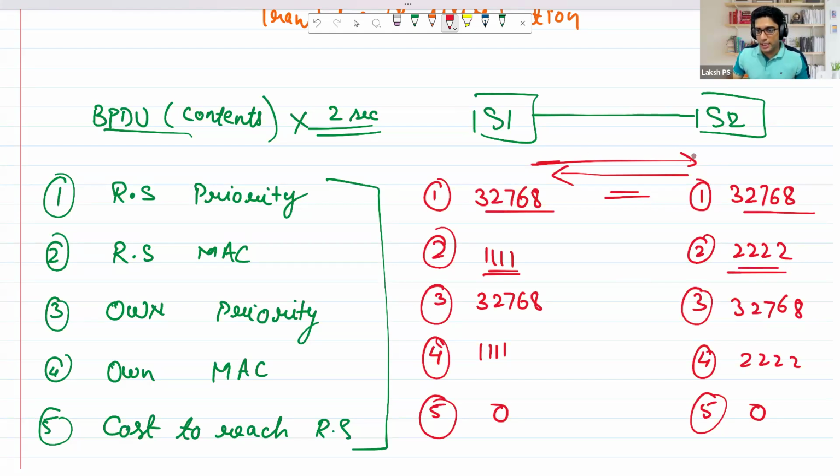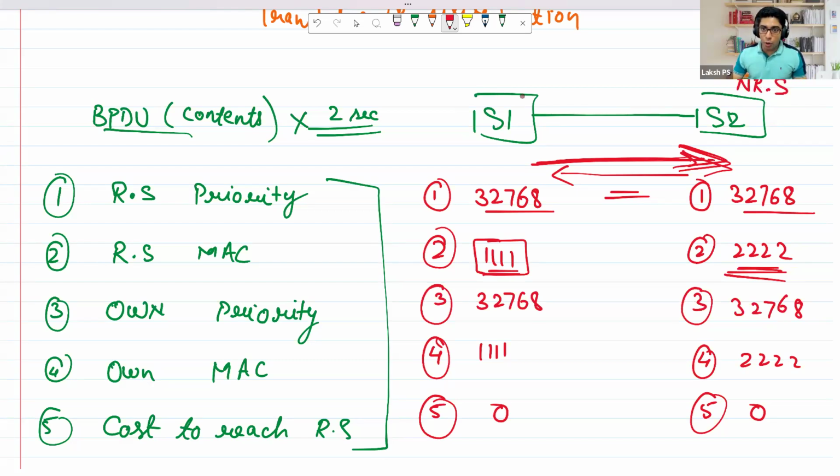So when switch 2 receives this BPDU from switch number 1, it learns switch 1's MAC address, and it understands that switch 1's MAC address is lower than its own. Obviously this switch cannot be the root switch, so it has to be a non-root switch.